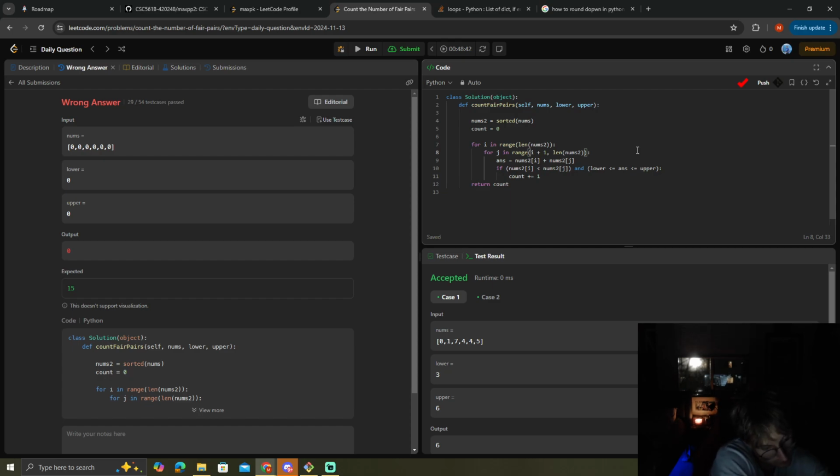Computer died. Okay. Try to think here. I don't even think it needs to be sorted anymore. This is just wasting more time. Get rid of all this.